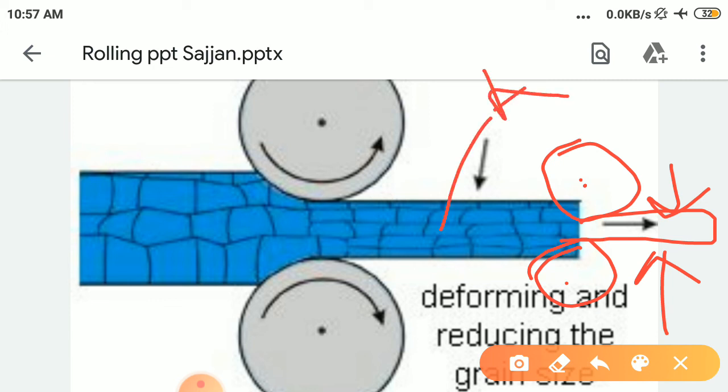Why is it not possible? Because we are having the deformed grains here, and if you further deform them, then fracture will take place. So it will not allow more cold working.